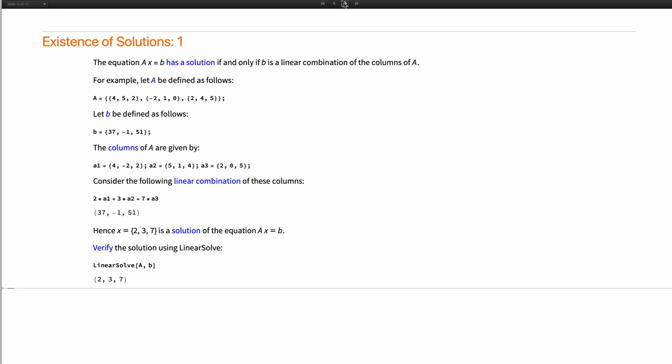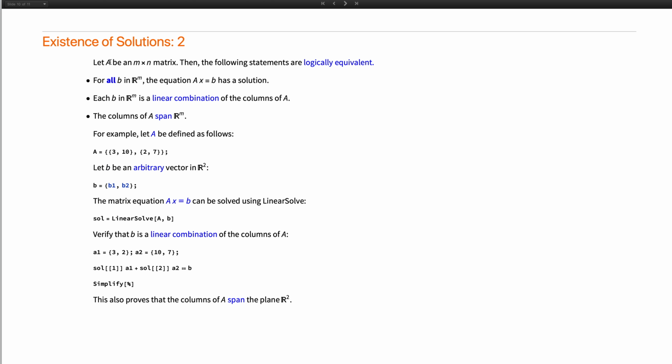And on the other hand, suppose you fix your A and then you vary B. Question, what happens then? Well, the point is that you have 3 statements over here. So first of all, suppose you know that for all B, this equation has a solution. Then that's the same thing as saying that B is a linear combination of the columns of A, or that the columns of A span the space from which B comes.